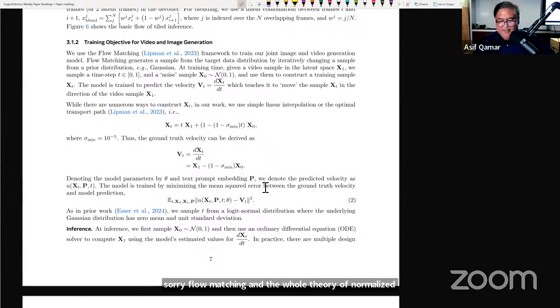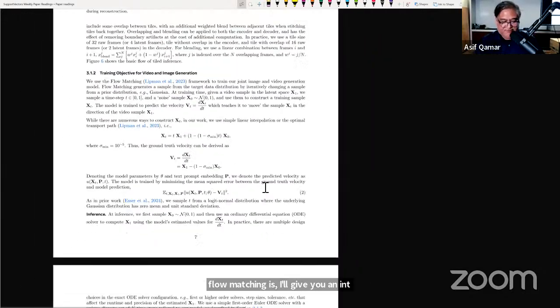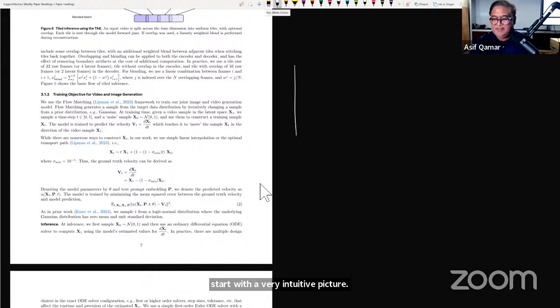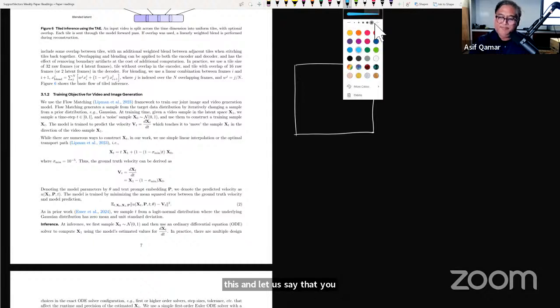I'll start with a very intuitive picture. Suppose you put a drop of ink somewhere.